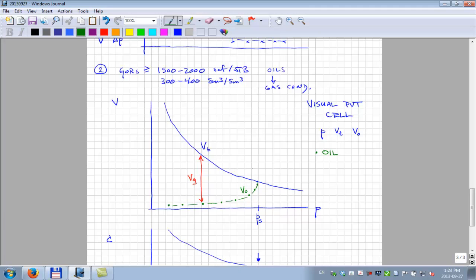So to identify what is exactly the bubble point, you have to blow up right around here. You have to blow that up and do an assessment of those volumes. But you're going to be extrapolating to get that bubble point.